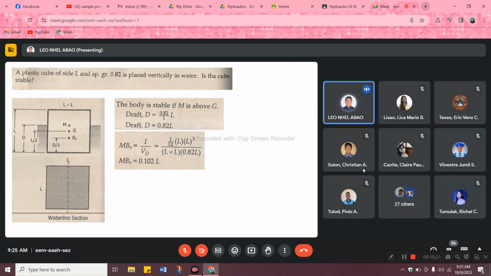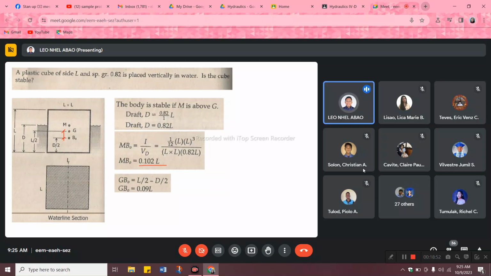So we have MBO in terms of L, which is 0.102 L. What is left is GBO, which is L over 2 minus D over 2. Again, GBO is just this distance. G depends on the body, which is simply L over 2, minus the distance to BO, which is D over 2.